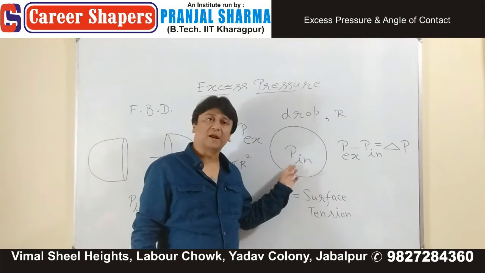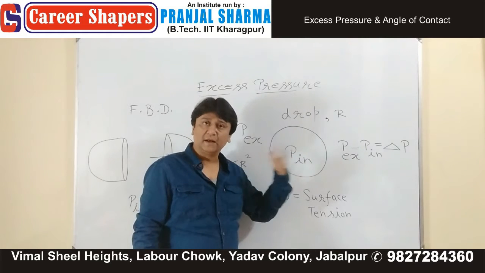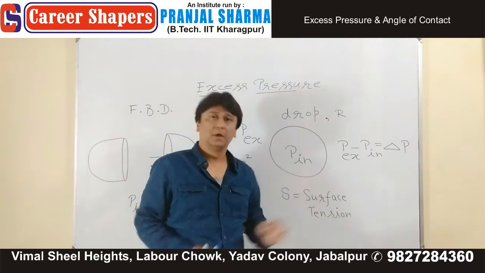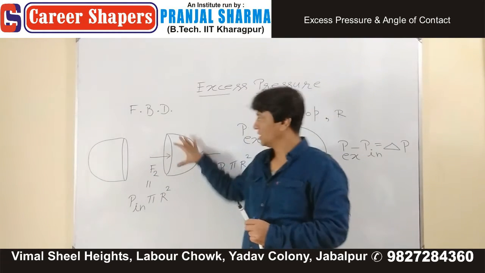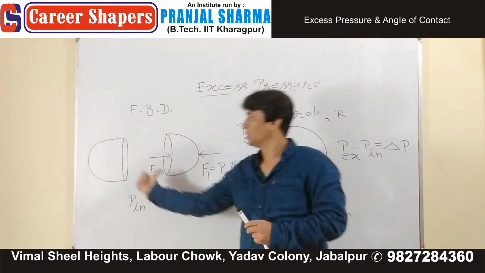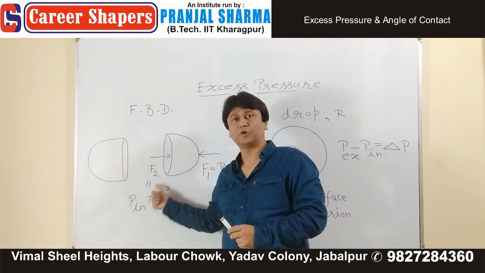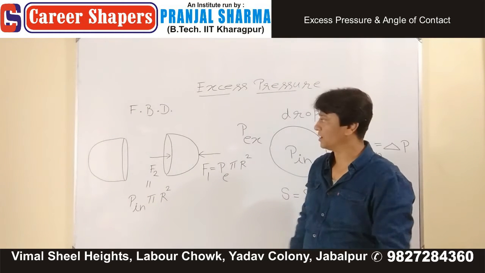Inside, everywhere pressure is what? P internal, uniform. So that internal pressure is pushing this hemispherical portion in this direction with the force of F2, that is given by P internal into pi r square.